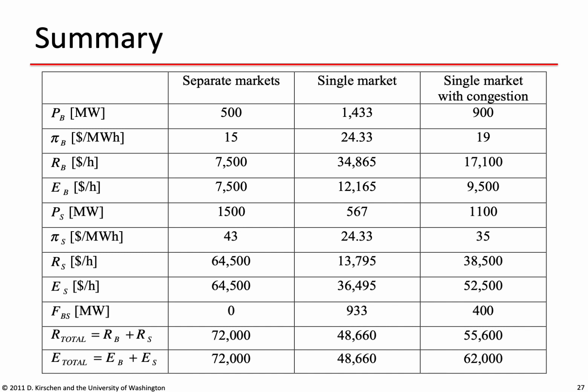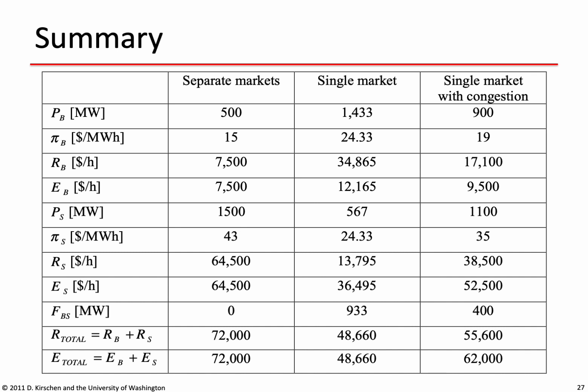Now, if we add the revenue of the generators in Borduria and Syldavia, we get 55,600. That is 17,100 plus 38,500. But if we add the total payments by the consumers in Borduria and Syldavia, we get 62,000, which is 9,500 for Borduria and 52,500 for Syldavia.